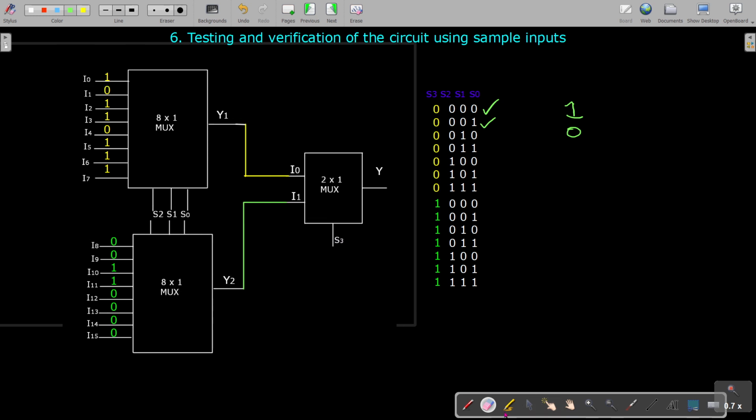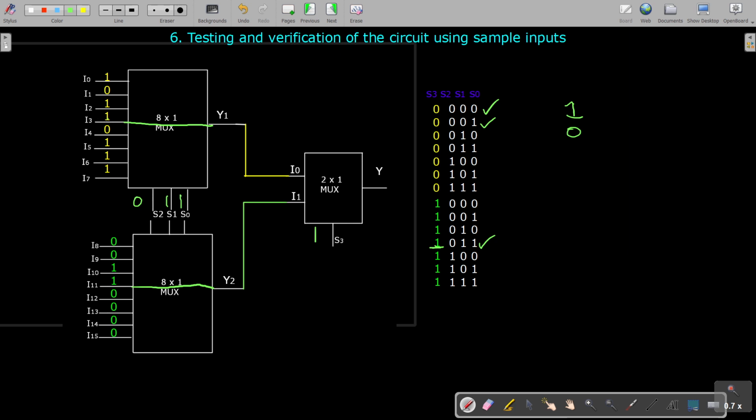Okay, so you receive this 0 for this selection input. And we go for another one. Suppose we are taking this 1011. So 1011 means 011 will be taken here, and S3 will be 1. So for the 011, this line will be connected, and here this one will be connected.